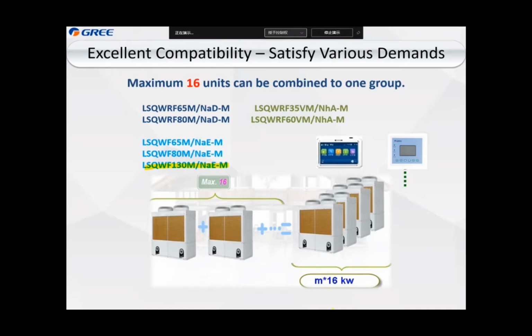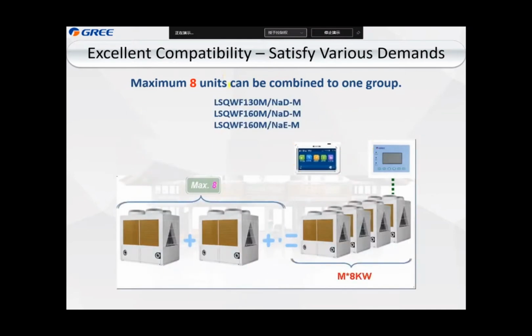Use the capacity calculation formula: this is the unit capacity times 16, that is the modular system capacity. So we can satisfy various demands. And then for the A series, it is also like this. And then here is the controller. This one is for the D and E series. This one is for the A series.